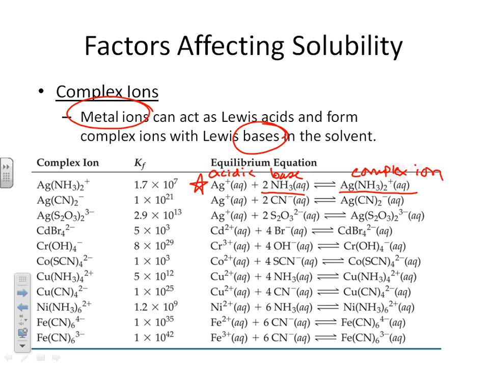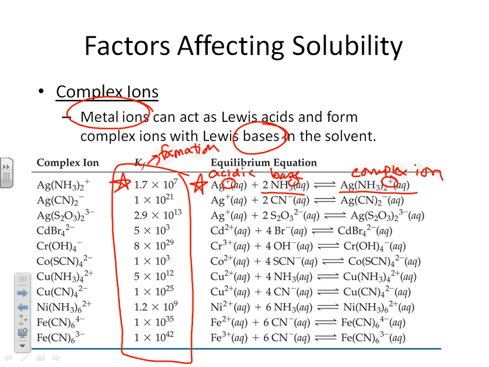It's the silver and the ammonia together, but it carries an overall charge. Now the charge that it carries, you'll notice the silver is +1, the ammonia is neutral, it doesn't have a charge, so basically +1 + 0, obviously it's going to be +1. Something else that I want to point out, this right here, Kf, that stands for formation. So we're talking about the formation of complex ions. Look at all of these Kf values.